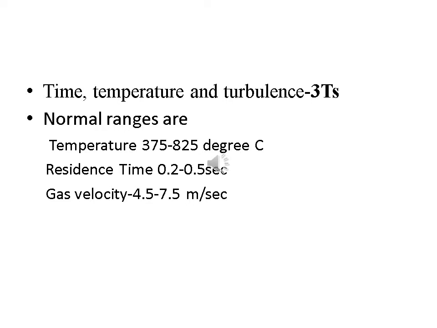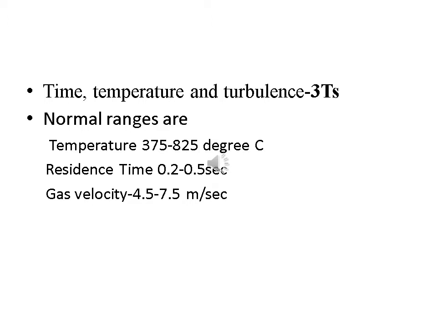Another important point of this combustion method: when a pollutant is to be destroyed, the combustion must be complete. Otherwise, intermediate products will develop that are more toxic and more dangerous. So, for complete combustion, oxygen must come into contact with the combustible material.